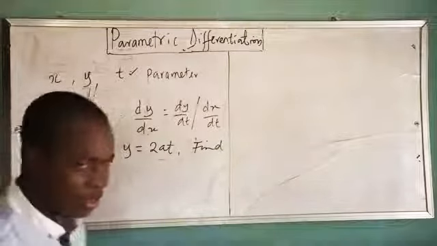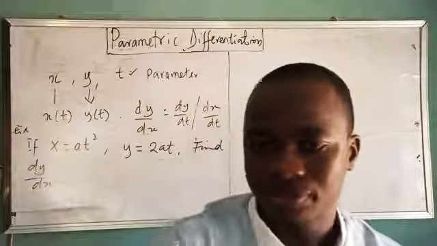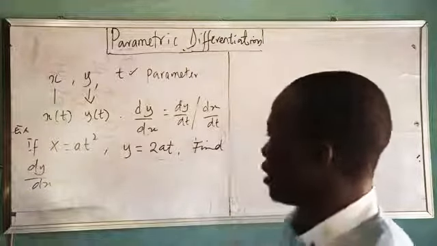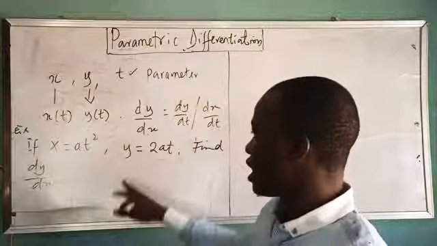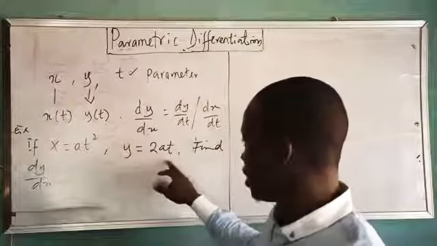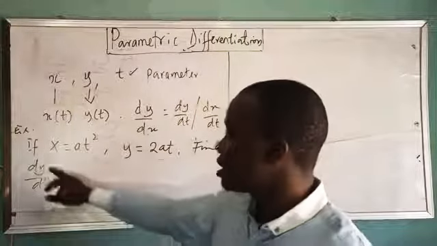Are you getting what I'm saying now? See the question. If x equals at squared and y equals 2at, then find dy dx.